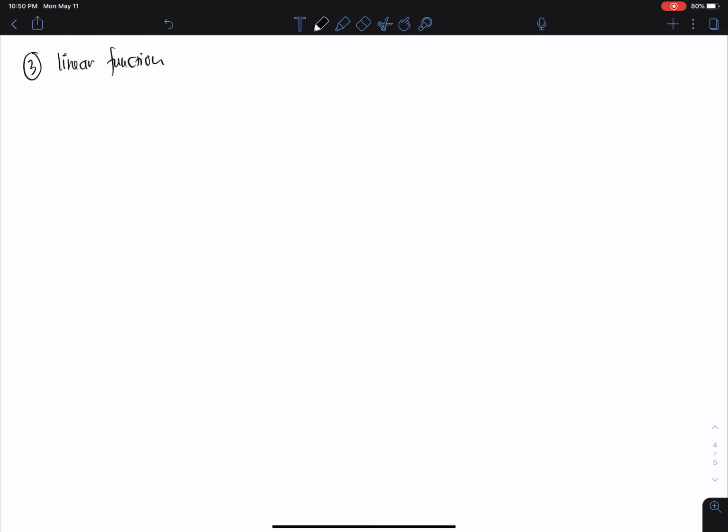Then the next one is linear functions. A linear function is defined as y equals ax plus b.